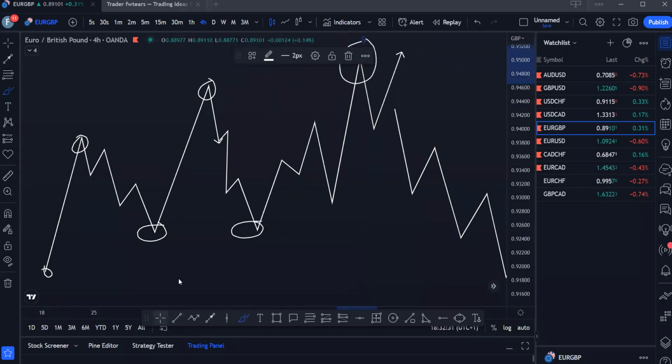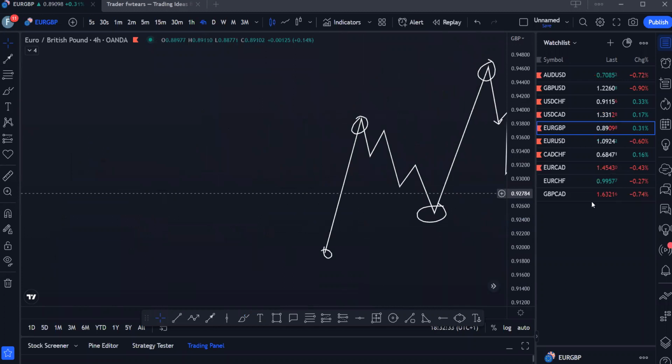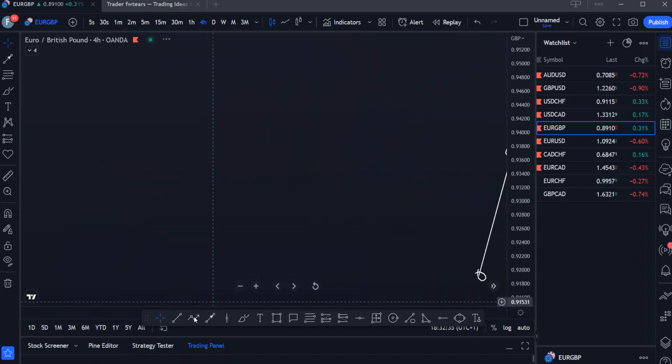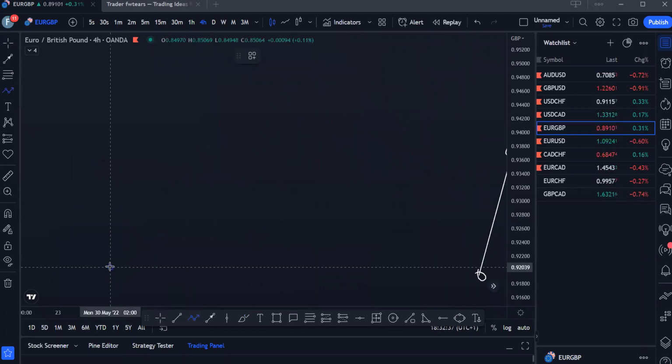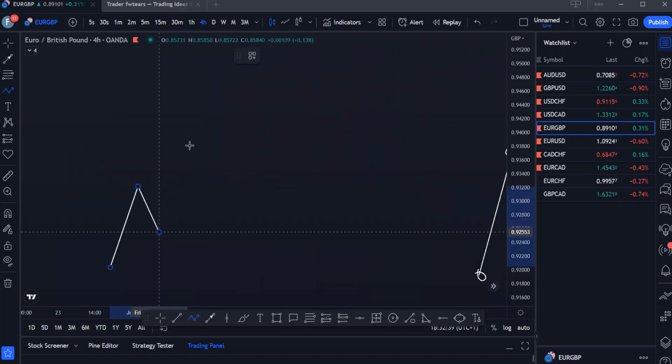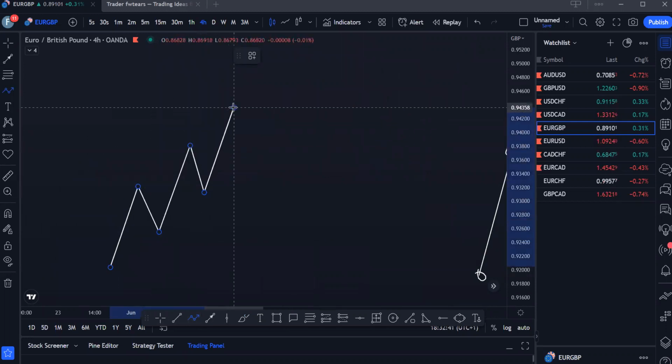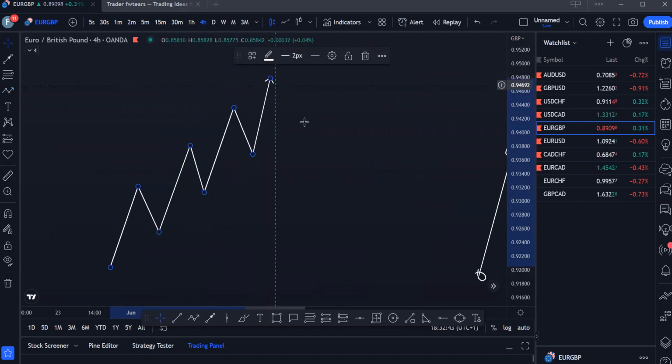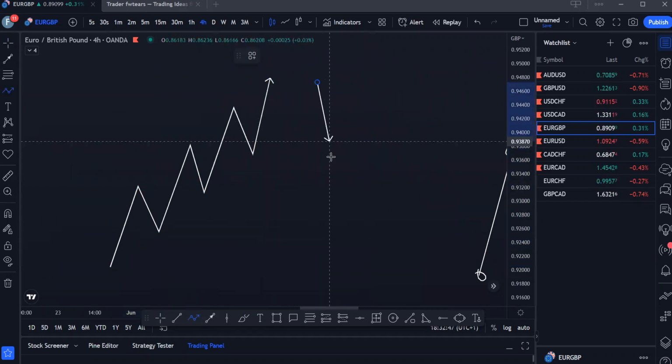All right. So the same thing works for a downtrend. I'm just going to draw it again, not to confuse us. This is how an uptrend looks like. An ideal market of an uptrend will look like this. And an ideal market for a downtrend is going to look like this.